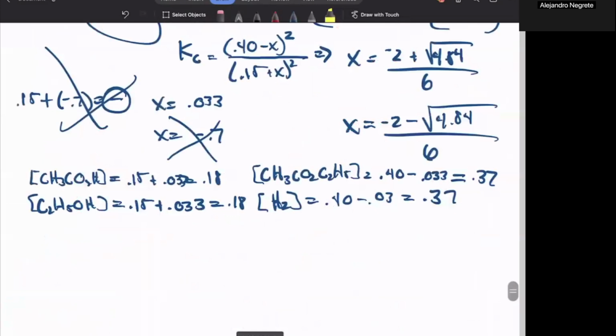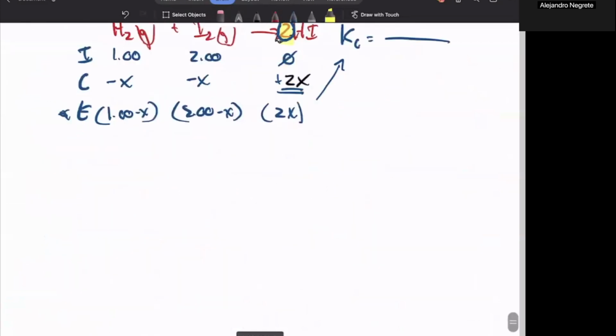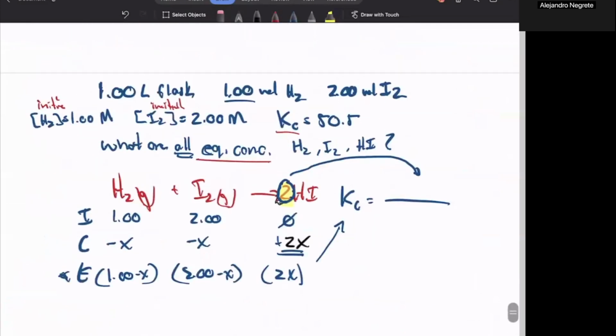So let's take a look at this problem as we're careful with it. We're going to pay attention here, and we're going to put that this is 2x squared over 1 minus x times 2 minus x.